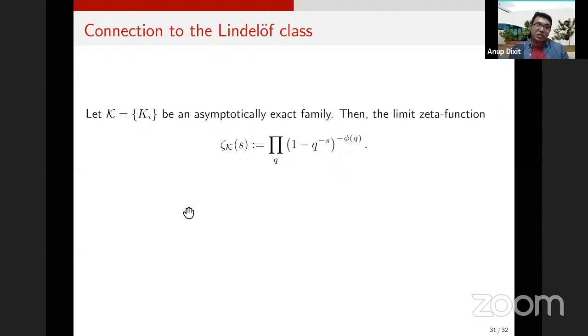Now, limit zeta functions are defined on families of number fields which are asymptotically exact, and they are defined in this way, where the phi q's are the invariants we just defined. Now, these L functions, you wonder where they lie. It's unclear a priori whether these functions have analytic continuation.